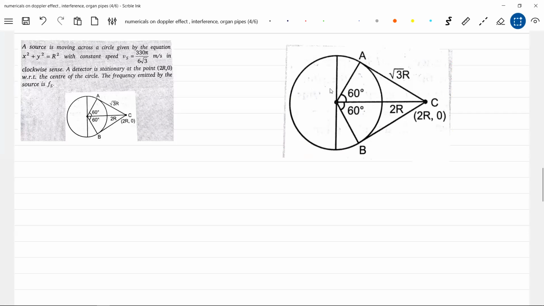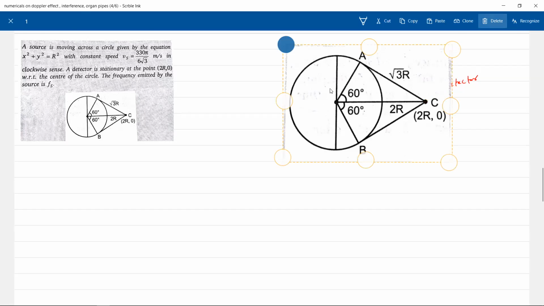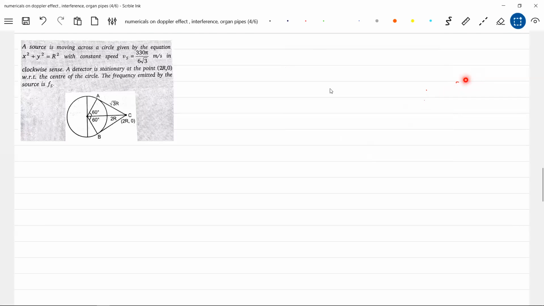And now you see what it is telling: the detector is stationary. Here's the detector. This is a detector. So we'll put it in some red color. This is a detector. And I have to draw the diagram. Two cases are there.